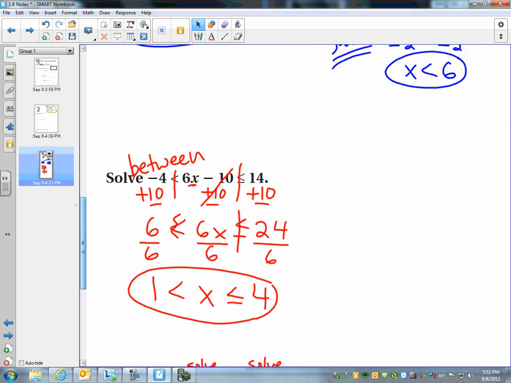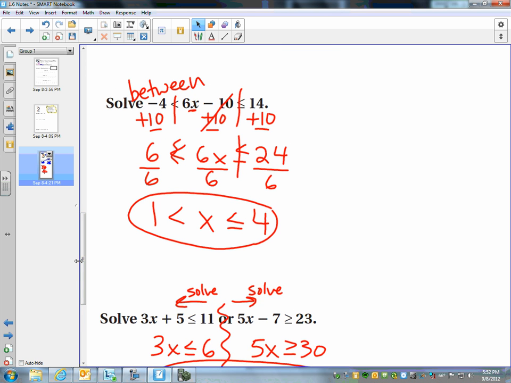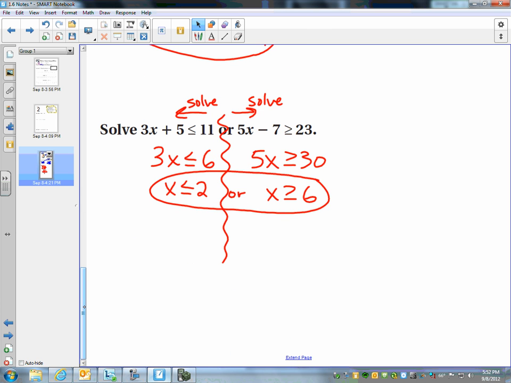And lastly, if you have a between, you do all 3 parts at the same time. If you have an except or an OR, you do them separately. So those are the 3 big ideas here, and the 3 tricky things that people run into. Otherwise, just like equals. So there you go.